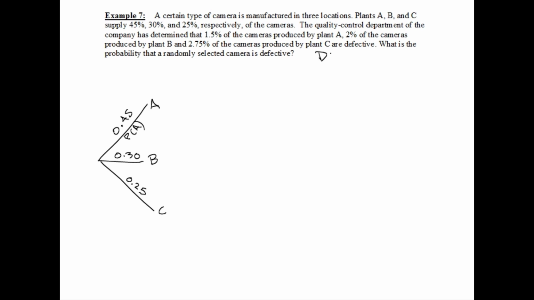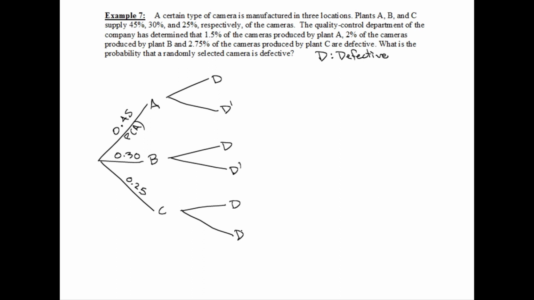Now for each of these, the cameras they make will either be defective or non-defective. Defective or non-defective, D complement, for each of them. And we should be able to assign probabilities to each of these.